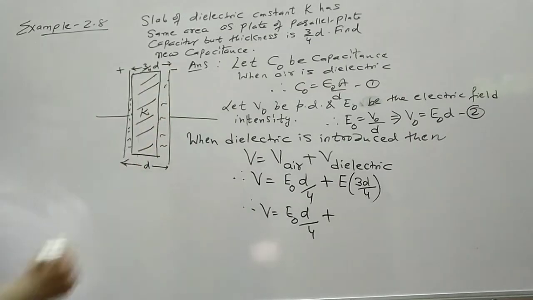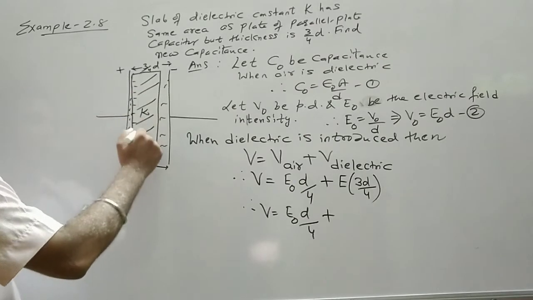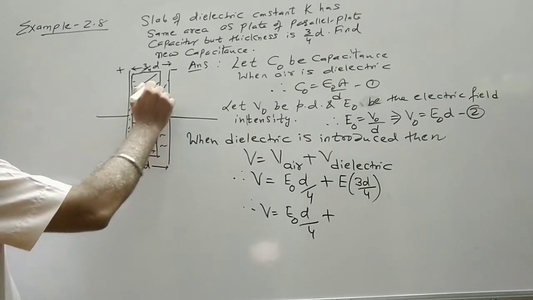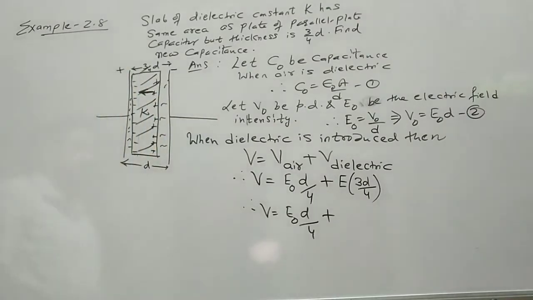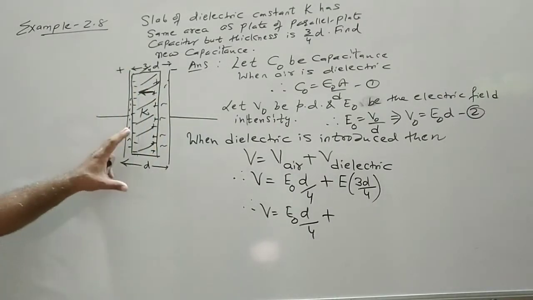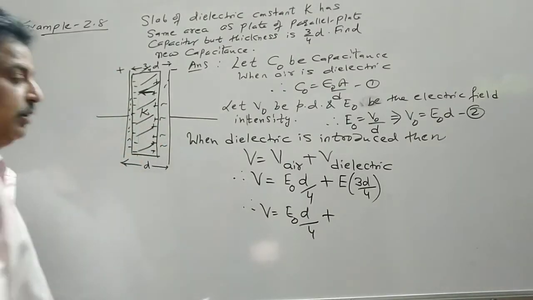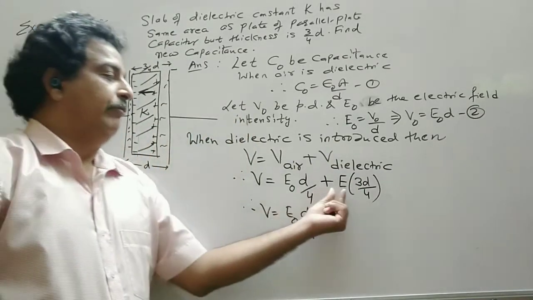we know that this plate is positively charged, this plate is negatively charged. So the induced electric field will be opposite to the external electric field that we know. This is the direction of the induced electric field. Now the electric field intensity will become 1 by K times the initial. That you have to remember.